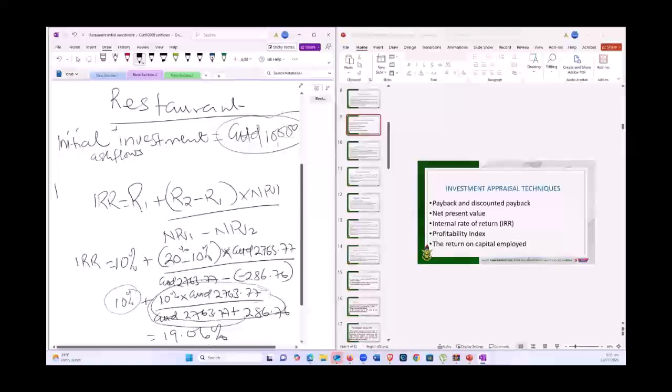When you have a situation like that, you lean towards the conclusion of the net present value method. So where there's a conflict between the two methods, the net present value method takes precedence, because the net present value method is superior to the internal rate of return method.